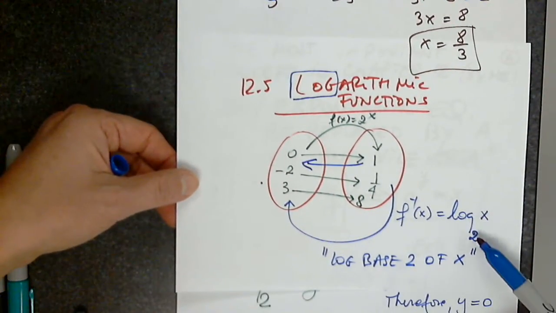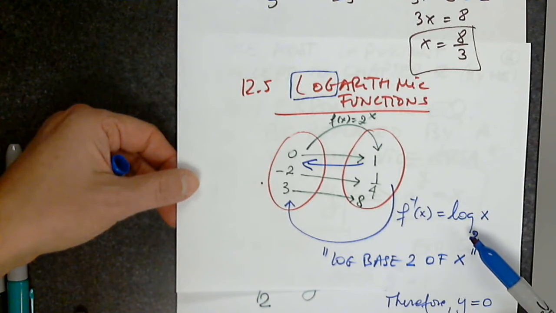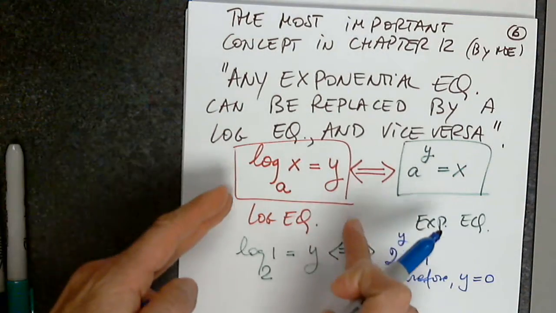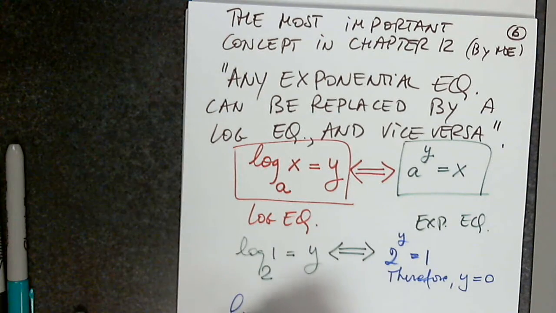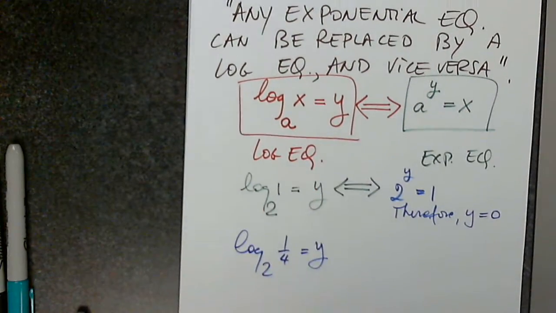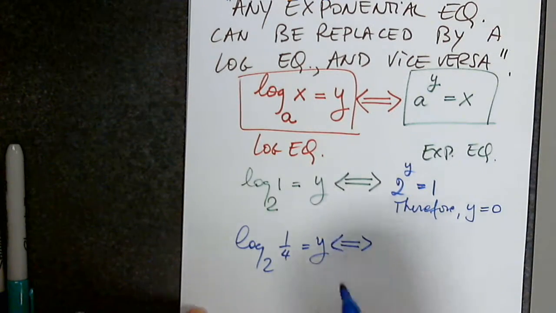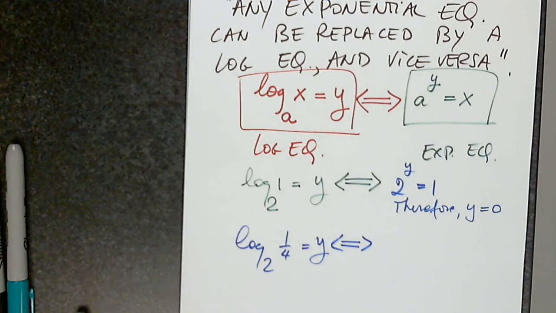Now I will look at log base 2 of 1/4. I mimic the left-hand side. Log base 2 of 1/4, I have no clue. It's a number y. I don't know what that is, but I know that this can be replaced by an exponential equation.